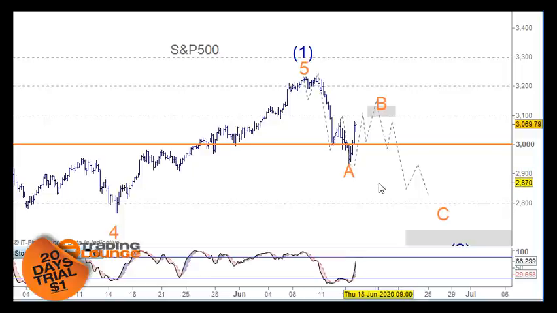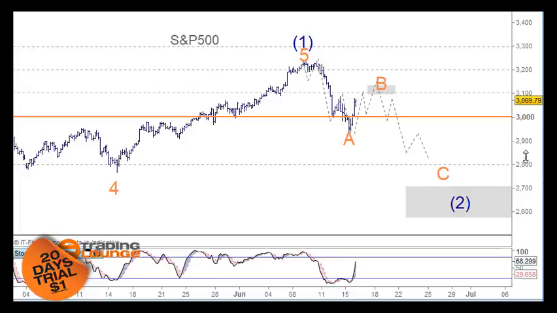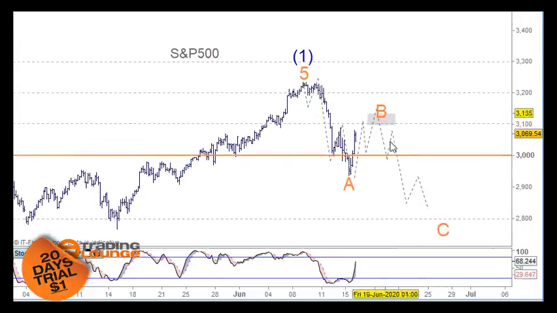We may only be able to get from wave B here down to wave C here. Obviously there's good support here at the 2,800, which is a minor trading level. I won't go into that now, but that's where the support is. So we may not reach this level down here, but we need to track the wave structure.